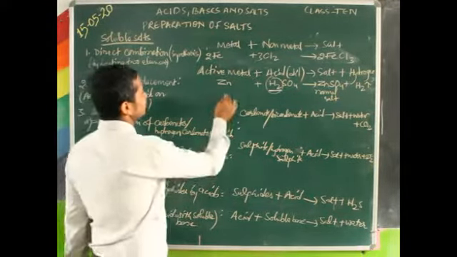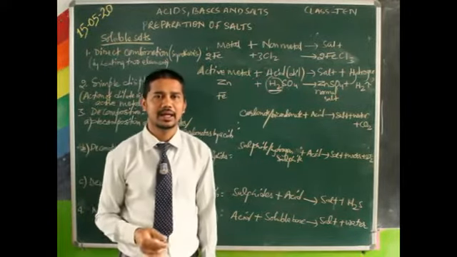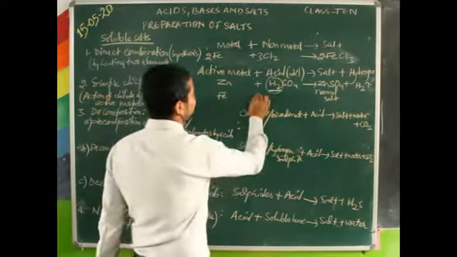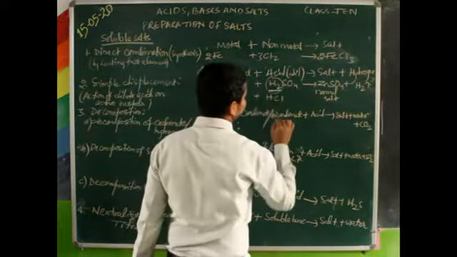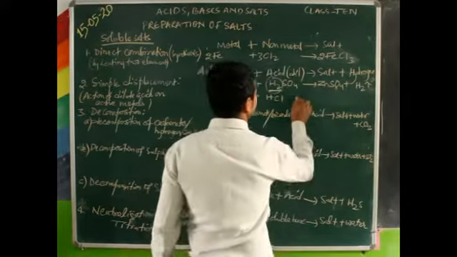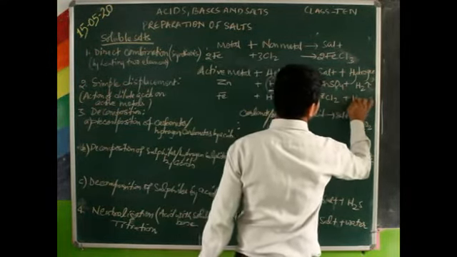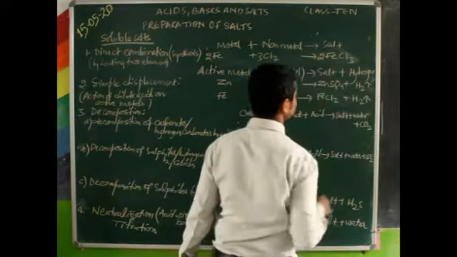The same way we can do another also. Say for example, Fe. Iron is also more reactive than hydrogen. So Fe plus HCl gives FeCl2 plus hydrogen gas will be released.